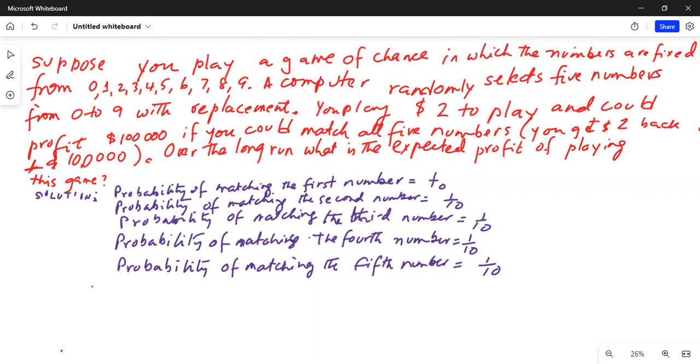Okay, so probability of matching all 5 numbers, then only you get the prize, right?